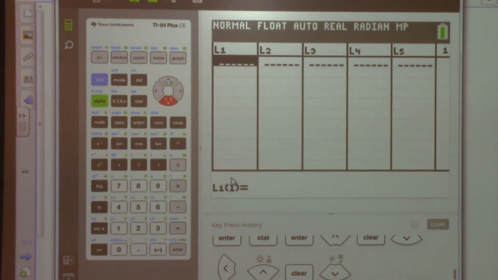You can just go where you are, look for the X value, use those functions. You're looking for how fast you have to drive, I guess, for a certain mileage, right?